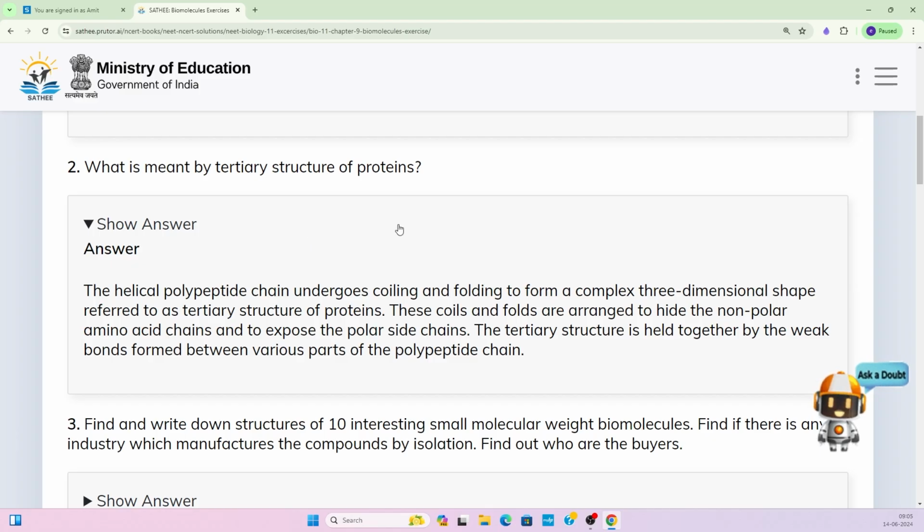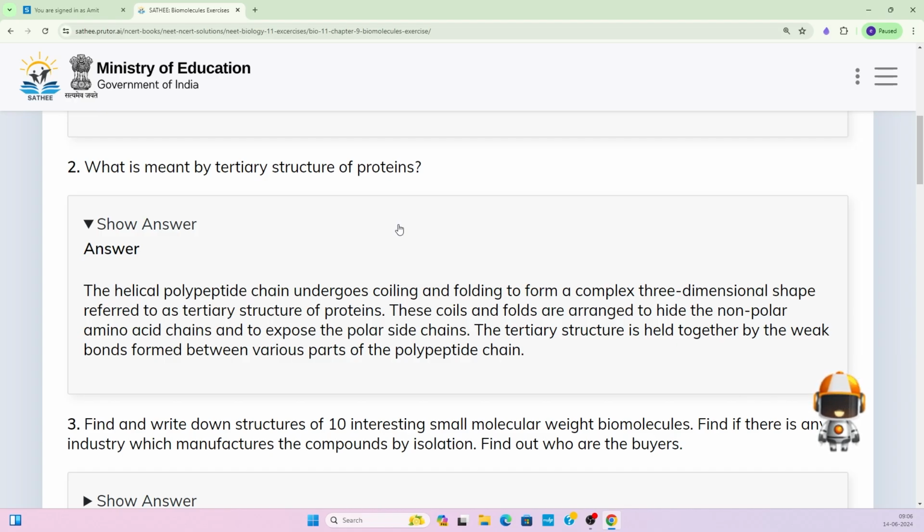The helical polypeptide chain undergoes coiling and folding to form a complex three-dimensional shape referred to as the tertiary structure of protein.